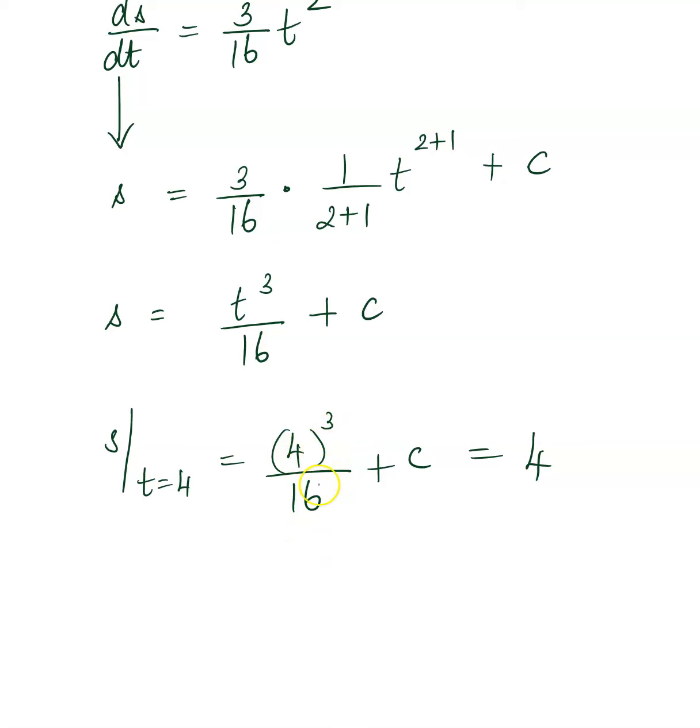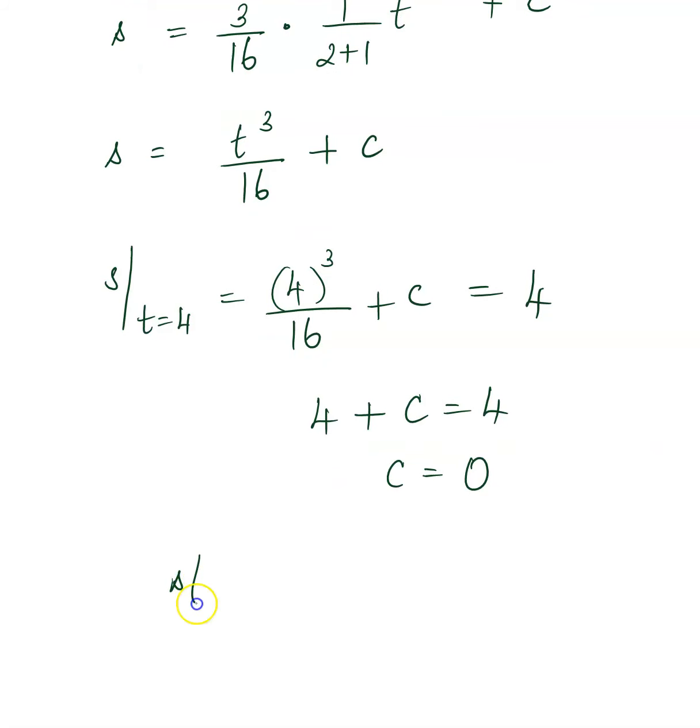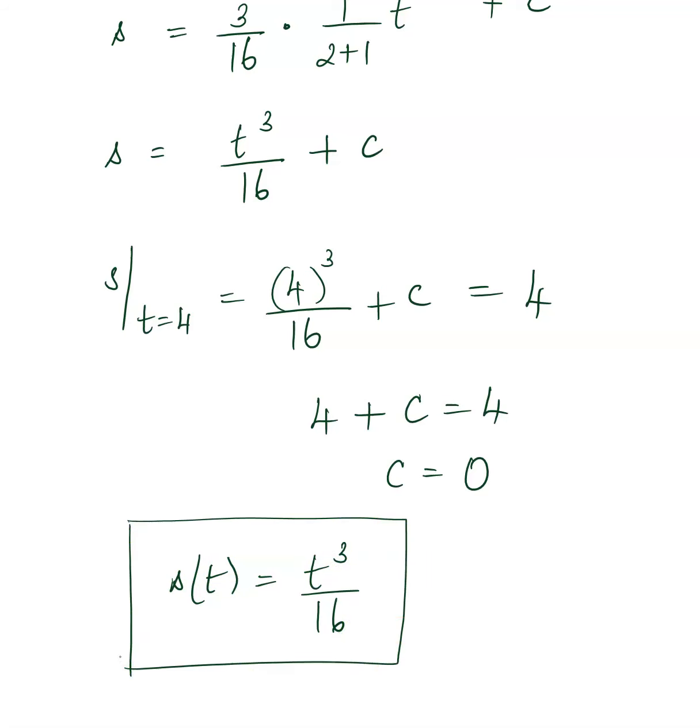So 4 cubed over 16 will be a 4. So 4 cubed is 64. Once again, c comes out to be 0. So your s of t will be t cubed over 16 itself. And that's what we want to find.